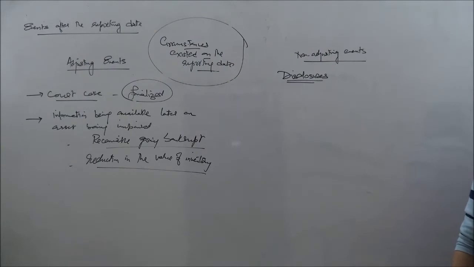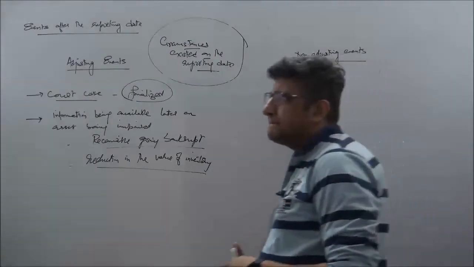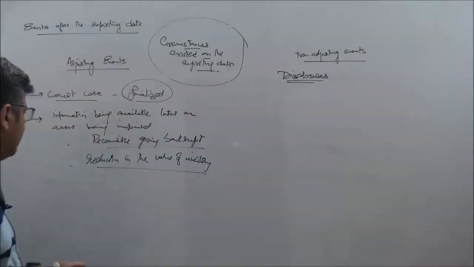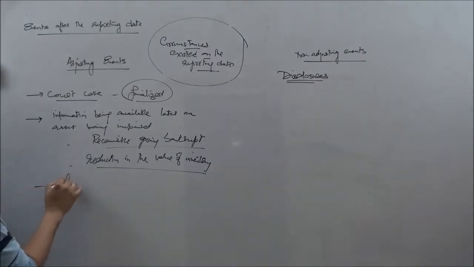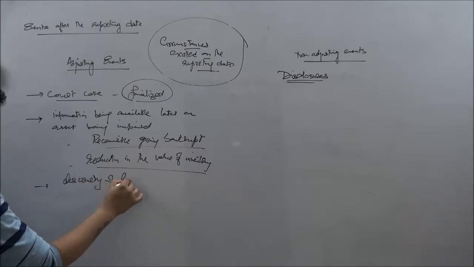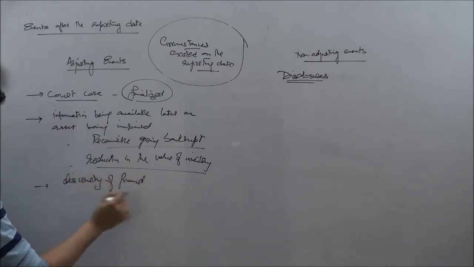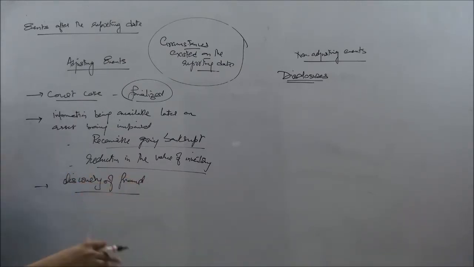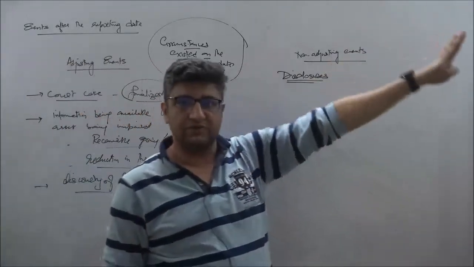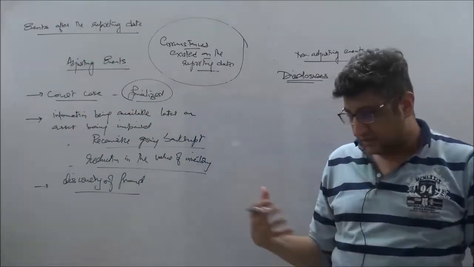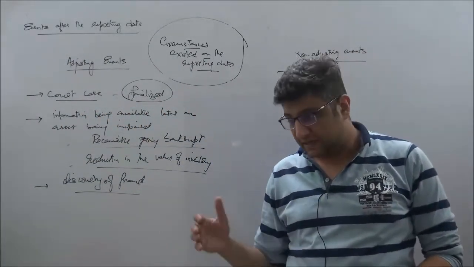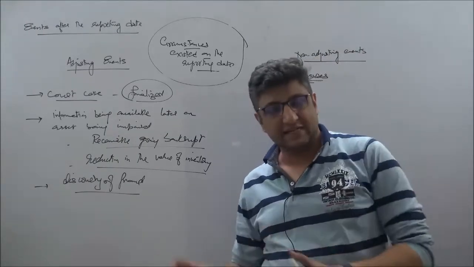Okay, there could also be, for example, instances where you are looking at, say, discovery of a fraud, which only comes in later, but of course the indications were always there that it existed. You just discovered it later, which does not mean that you would simply adjust it at that point in time.